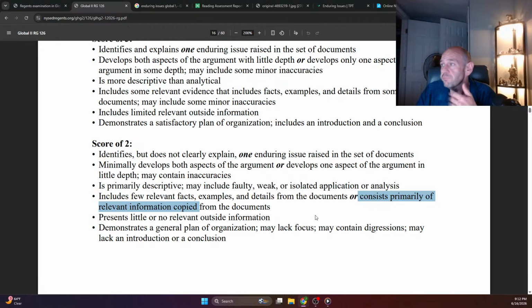So if your essay is primarily, and primarily just means, I don't know, a 50% majority, so it's not even that much, really. If a majority of the evidence you put into the essay is nothing more than copying lines or quotes from the documents, that's a 2.